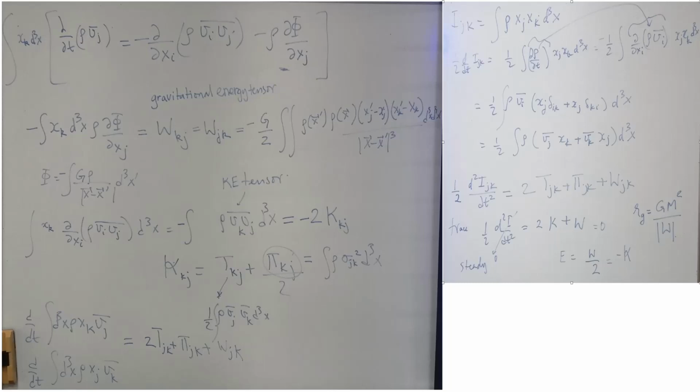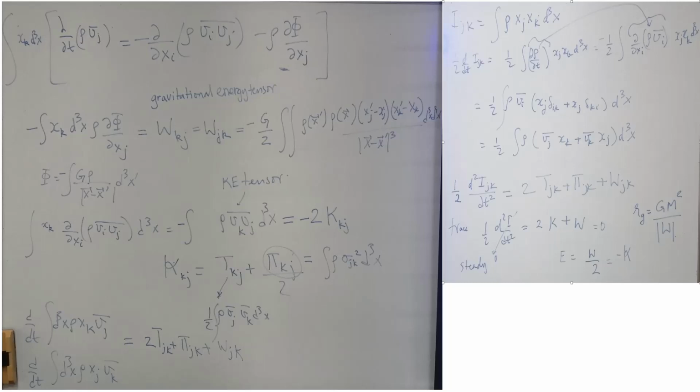You cannot see that it will be symmetric in j and k from here, but what you can do is write phi. You remember phi equals minus G integral of rho by the modulus of x minus x prime, d3x prime. This is your potential. If you plug that in and do manipulations, you will get an expression which I'm writing here.